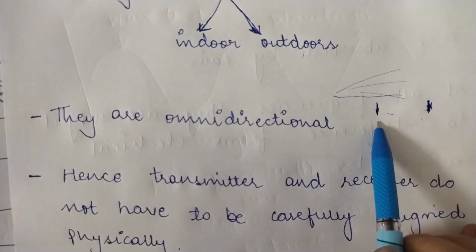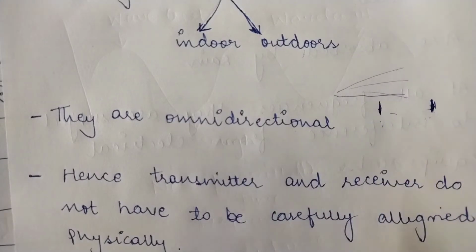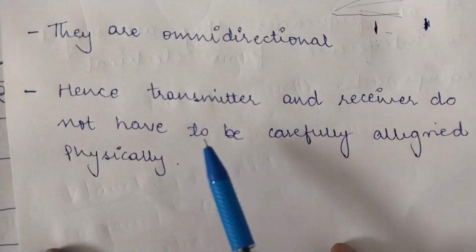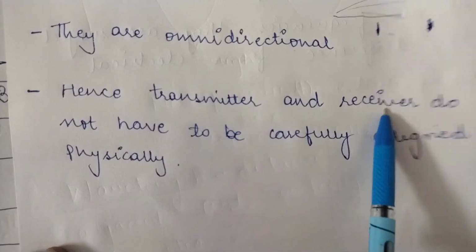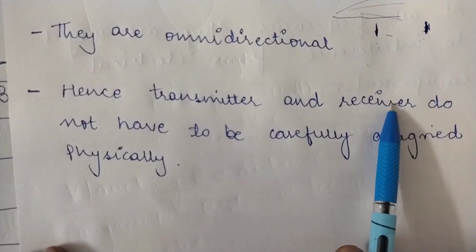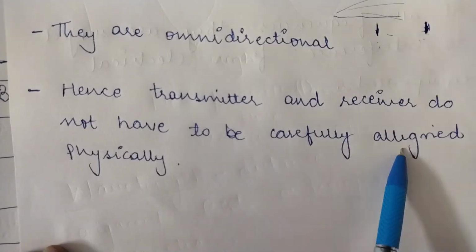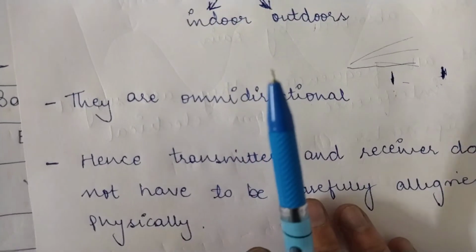So there is no constraint of aligning the antennas physically very properly. The transmitters are the ones transmitting and the receivers are the ones receiving the radio waves. As I told you, they do not have to be carefully aligned physically, since they are omnidirectional and can travel in any and all directions.